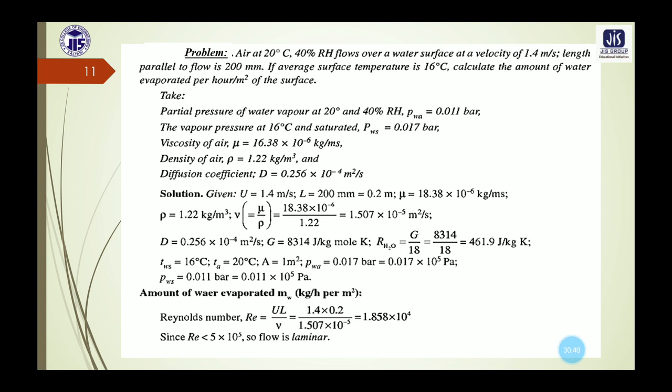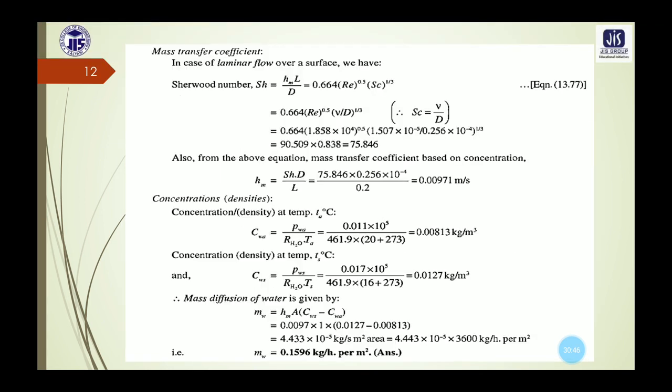As this value is less than 5 into 10 to the power 5, the flow is laminar. Now the mass transfer coefficient we can calculate using the Sherwood number, that is 0.664 into Reynolds number to the power 0.5 into Schmidt number to the power 1/3.